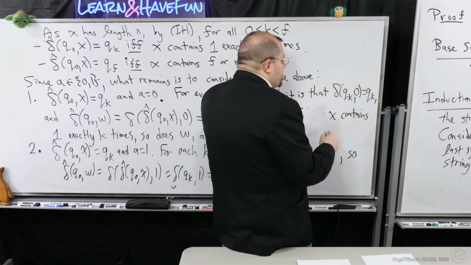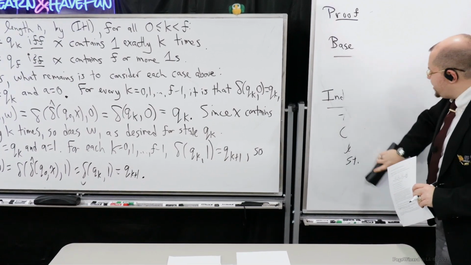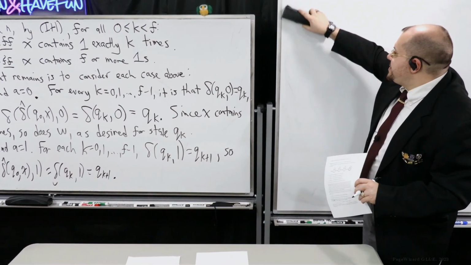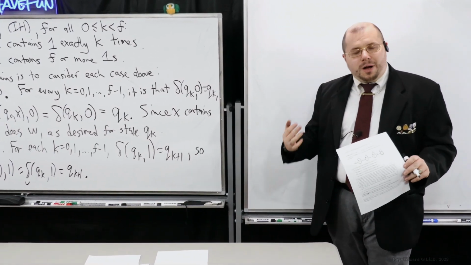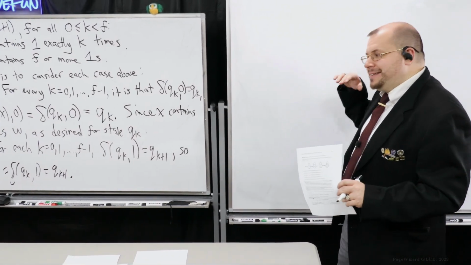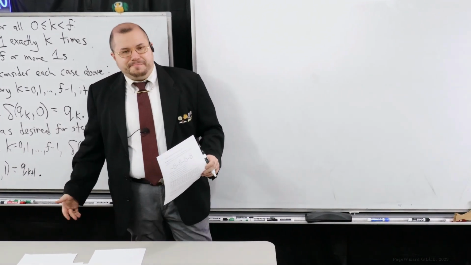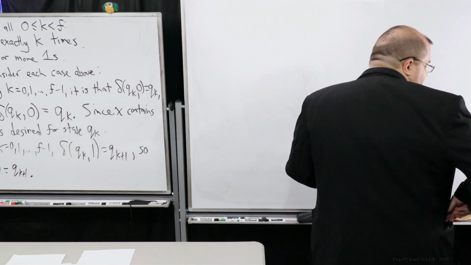We're not quite done with this case. Think about what w is. So w previously contained k 1s, right? And then we found another 1. So that means that w actually has k plus 1 many 1s in it. But what state is it in? qk plus 1, as you would like, right? That's exactly what we desire.